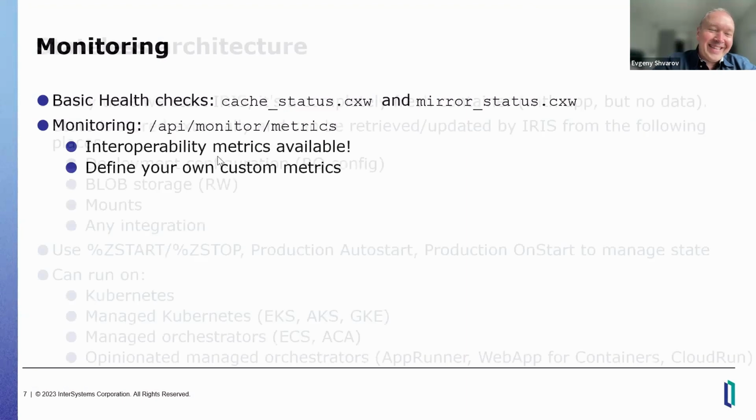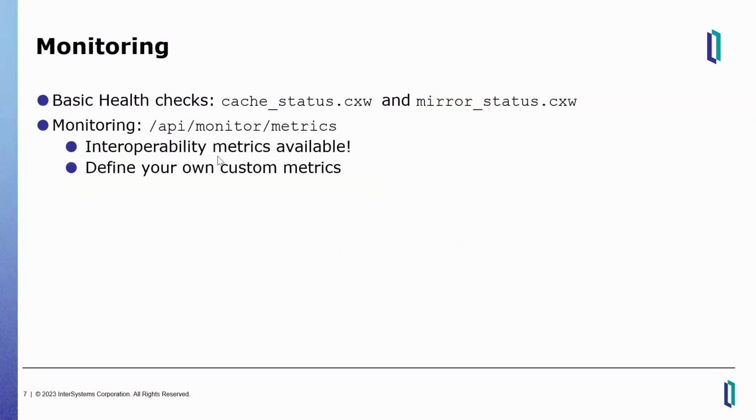Is the cache status and the mirror status available? Is that only in the new versions, or how far back does that go? I think it's available from like version 5, so it's definitely not new. Okay. It's very old.